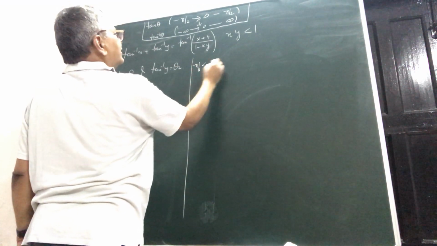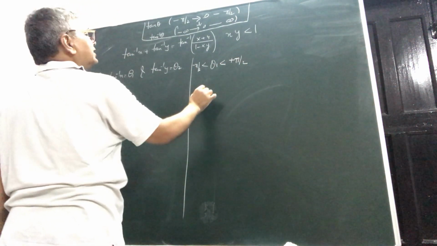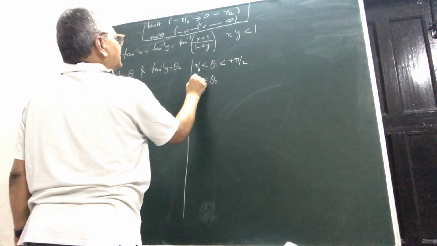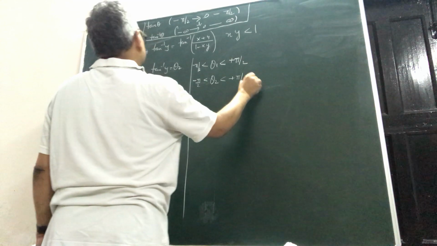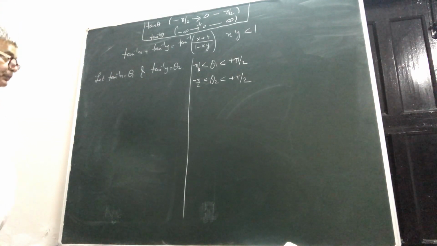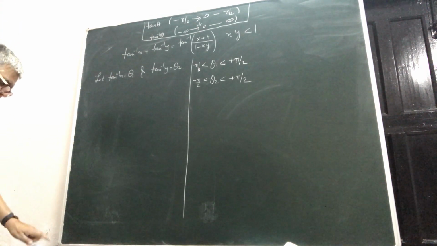And likewise theta 2 will be from minus pi by 2 to plus pi by 2. Now I will give you an interesting result. xy is less than 1, okay, no issues.